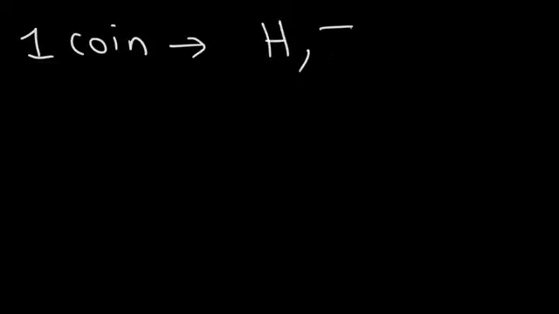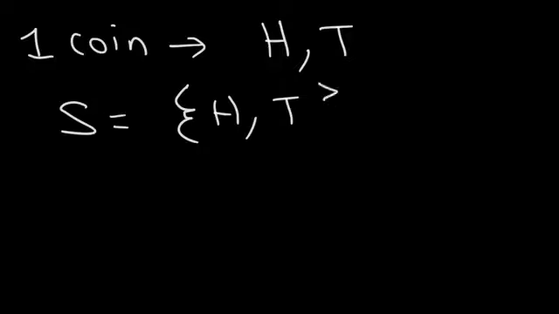So let's say we toss a fair coin, let's say a quarter. What are the possible outcomes of flipping one coin? There's only two possibilities. You can either get a heads or you can get a tails. So the sample space for this situation is either heads or tails.